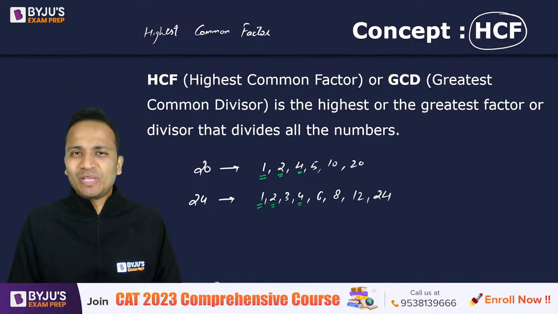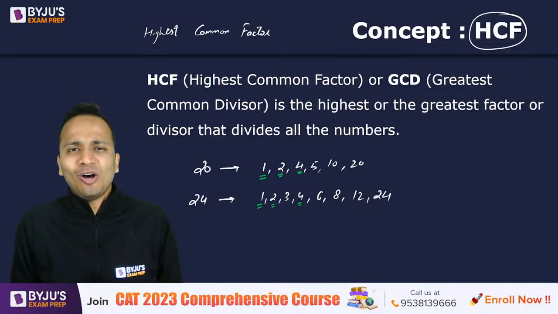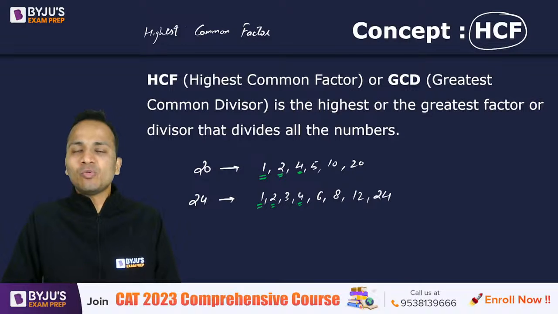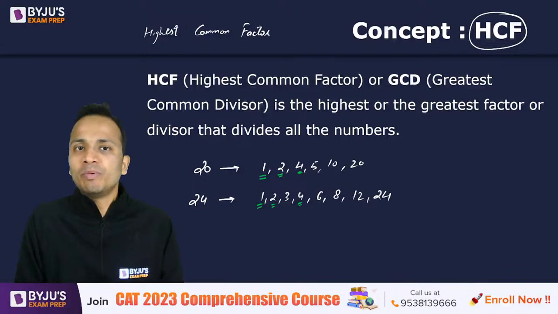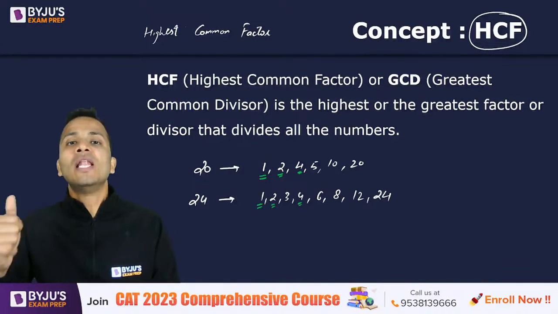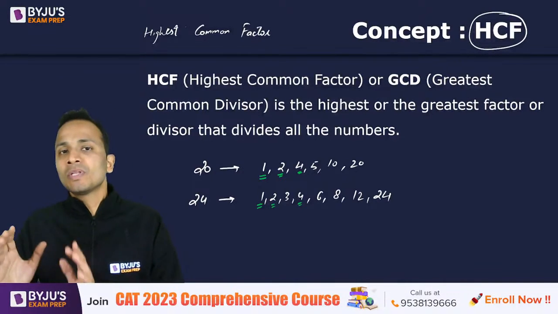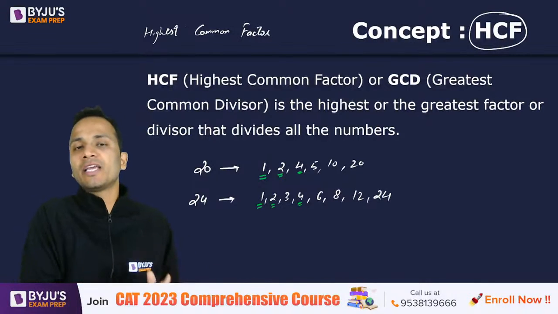That is why we calculate the highest common factor, which gives you the largest number, the greatest number that will completely divide the given numbers.